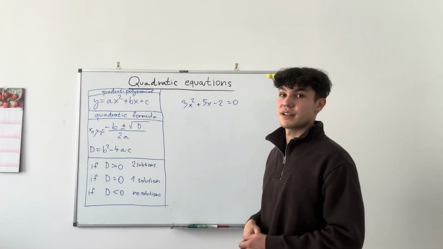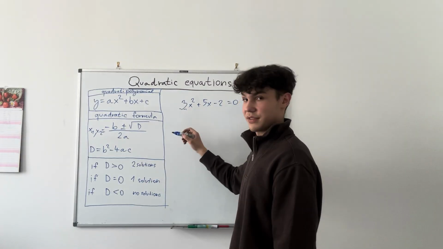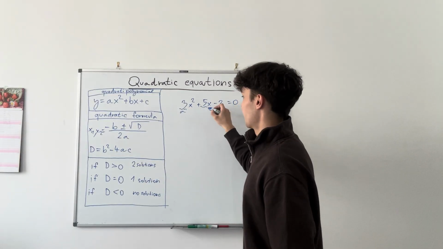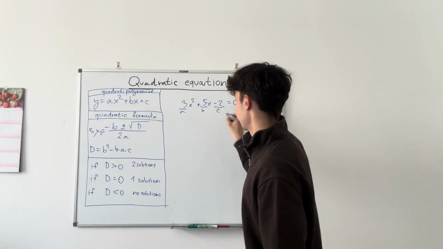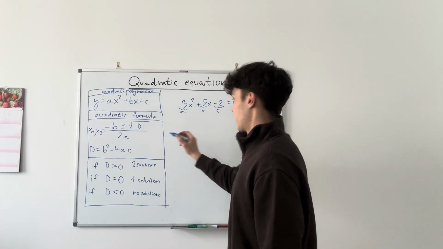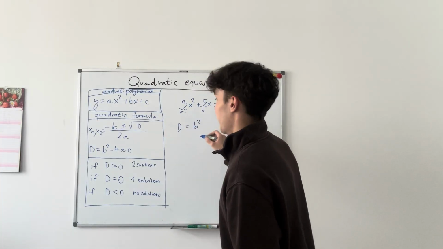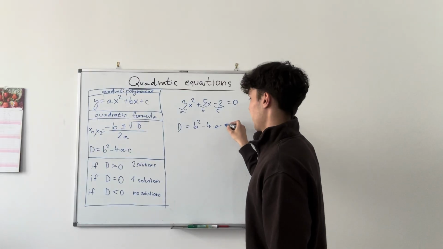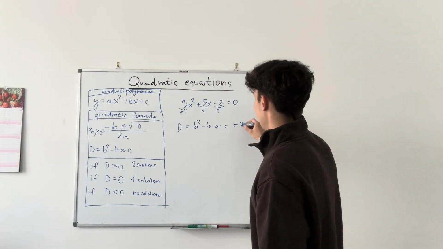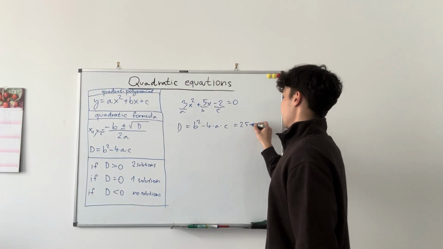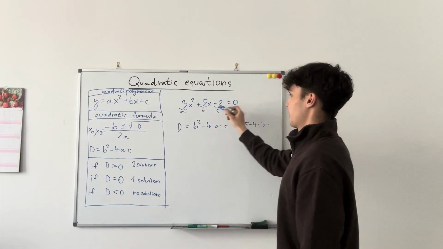The second equation I'm going to do today is this one. So 3 represents a, 5 represents b, and minus 2 represents c. Let's calculate the discriminant: b squared minus 4 times a times c. B squared is 5 to the second power, 25, minus 4 times 3 times minus 2.